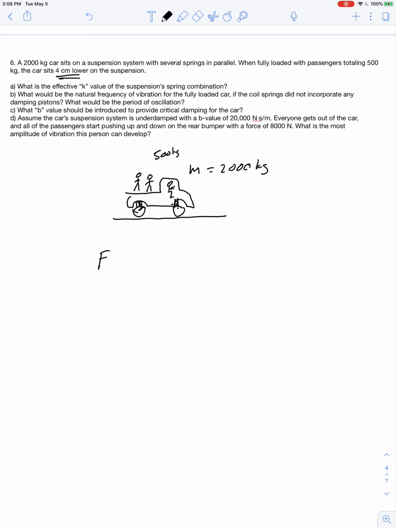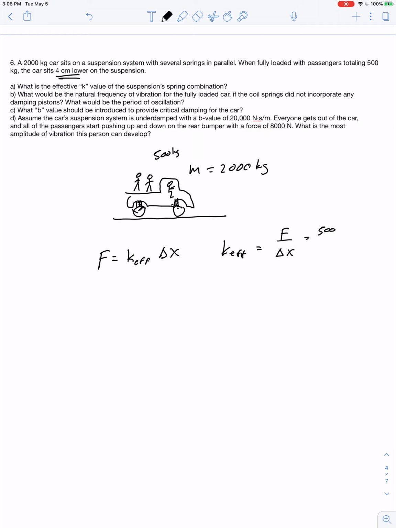So if we say F equals k effective times delta x, then the effective spring constant of all 4 of the shocks is equal to force divided by change in position.